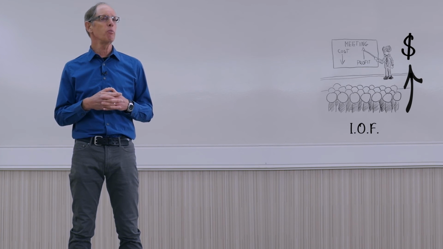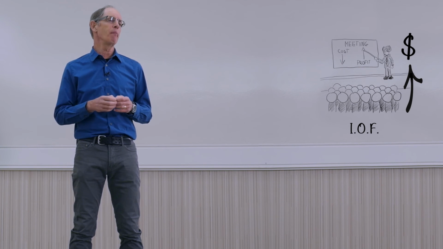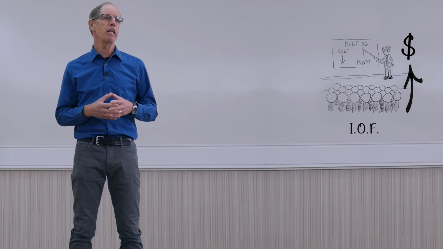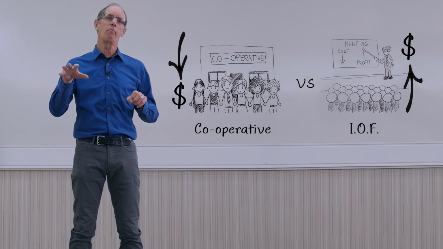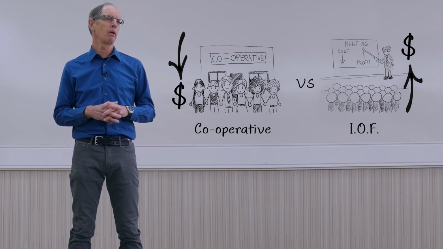We need to take a look at the internal operation of both of these organizations. We have assumed in this analysis that the investors want the highest profits, and that's in fact the decision that is made by the investor-owned firm. Or if the members want the lowest price, that's the decision that the co-op makes.